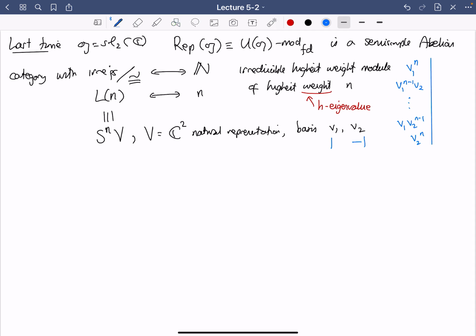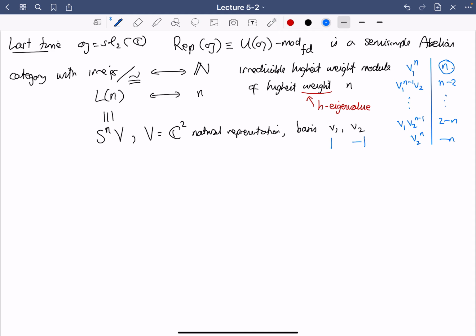And the weights of those vectors, because V1 is of weight 1 and V2 is of weight -1, so then this V1 to the n is of weight n, and that was weight n-2, down to 2 minus n and minus n. And so that was just seeing again that this n, that's the highest weight.